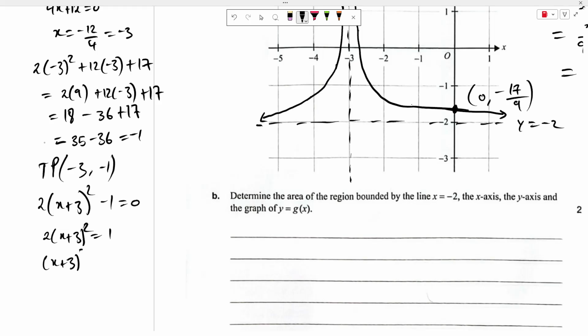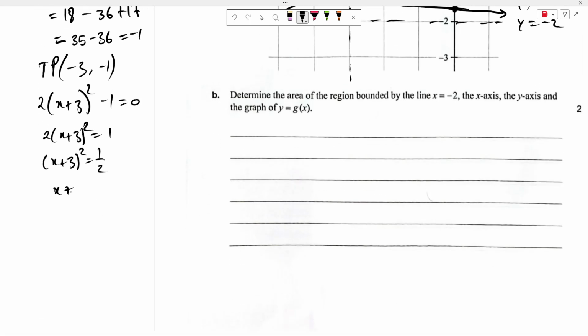X plus 3 squared is equal to a half. X plus 3 is equal to plus or minus square root of a half. Now, plus or minus square root of a half is the same as plus or minus square root 2 on 2. And we get x is equal to minus 3 plus or minus root 2 on 2.